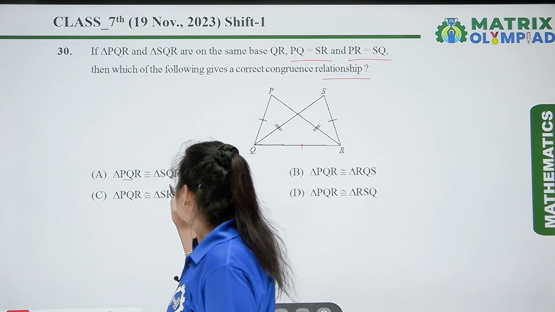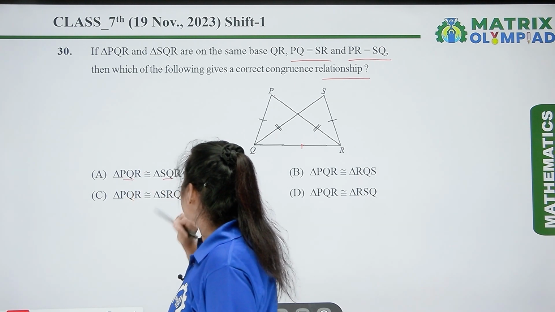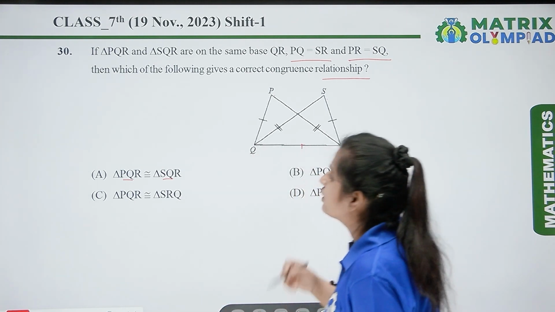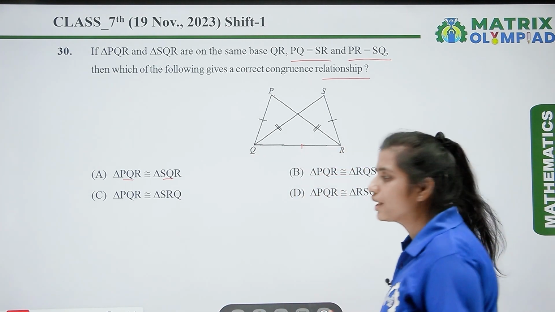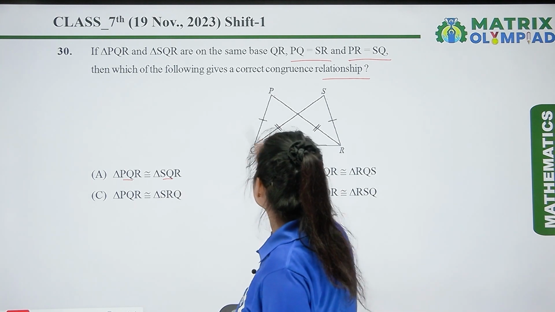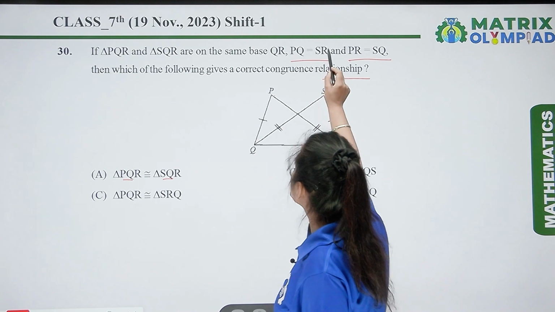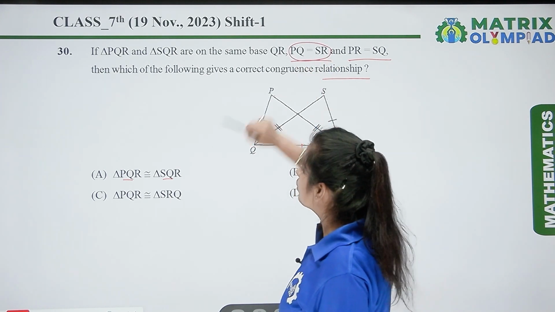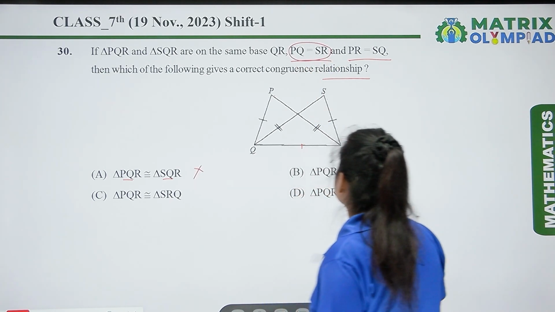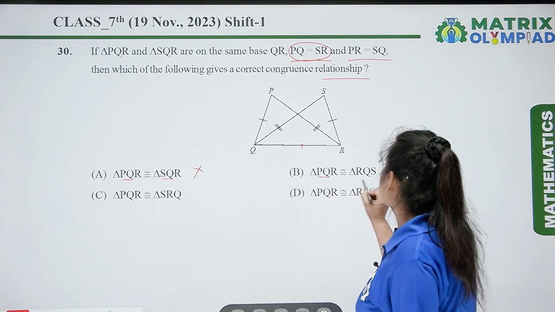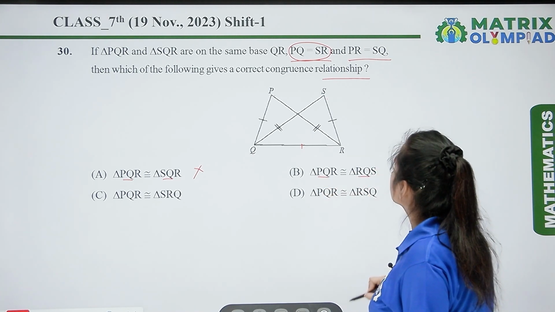Is PQ equal to SQ or not? As the name also represents the corresponding sides and angles. So here PQ equal to SQ, no, it is given that PQ is equal to SR. So the first is not possible. Next is PQ is equal to RQ.